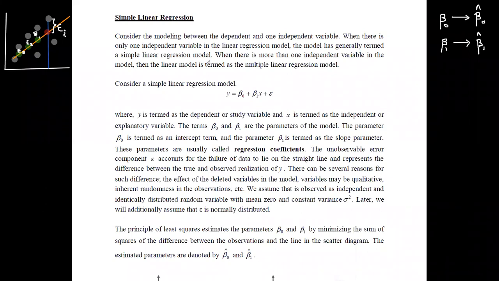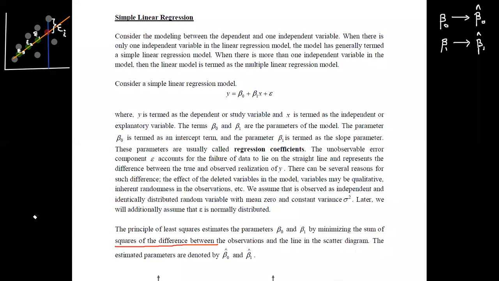The method that we use to minimize the errors is named minimizing the sum of squares of the errors, that is, minimizing the sum of the differences between the observed and the fitted values. By minimizing the sum of squares of the errors, we are going to identify beta naught hat and beta 1 hat. We call this the least squares method of errors to obtain the parameters of the simple linear regression.